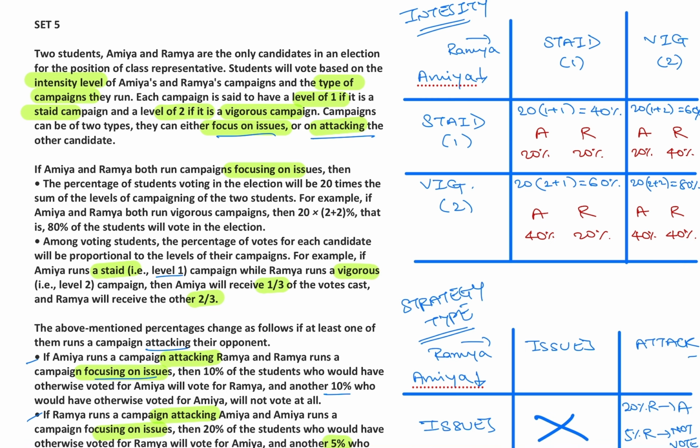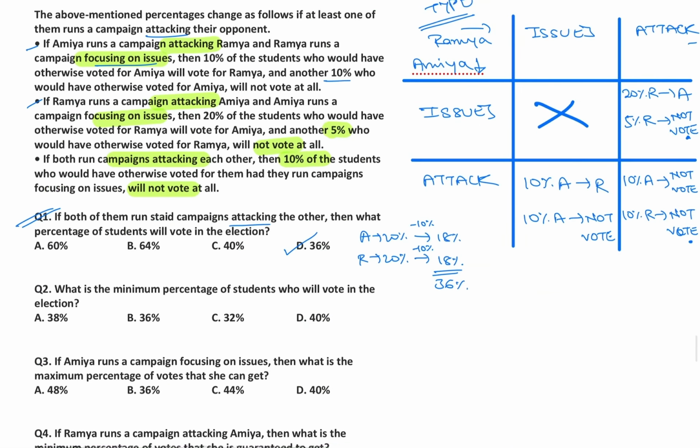Okay, when both are running staged intensity campaigns, they both have 40% of the voters. So for 40% of the voters, I'll have to minimize this further to find the minimum percentage of the students who will vote. So how do I minimize overall voters?